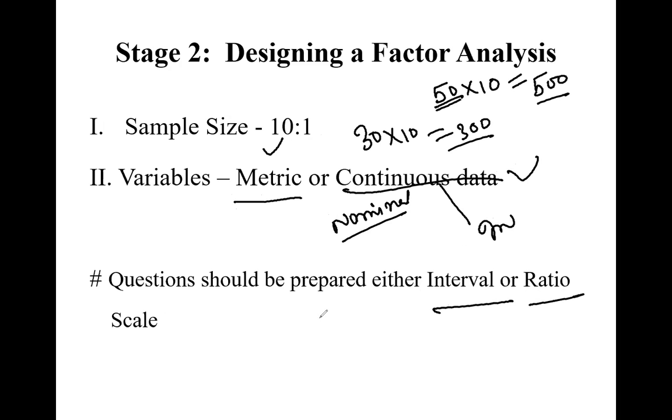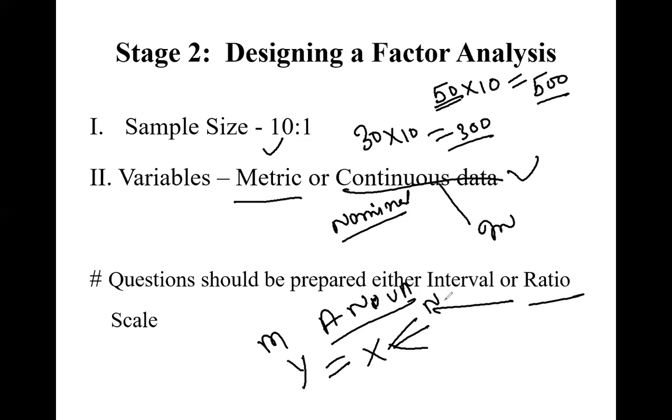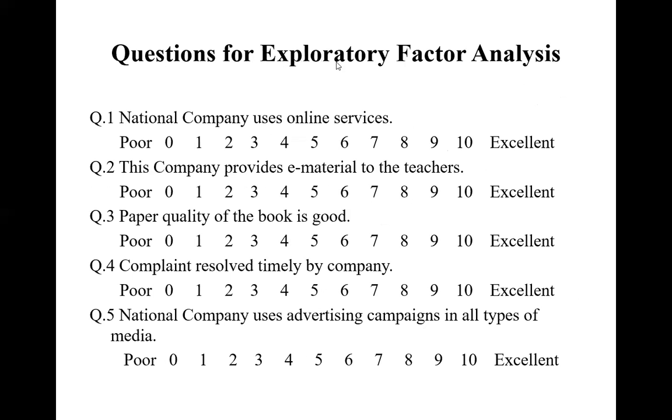Before analyzing ANOVA, how do we prepare the questions? There are two types of variables: the dependent variable and the independent variable. The independent variable should be categorical, non-metric, and the dependent variable should be metric. Similarly, in exploratory factor analysis, all the questions should be in metric form.